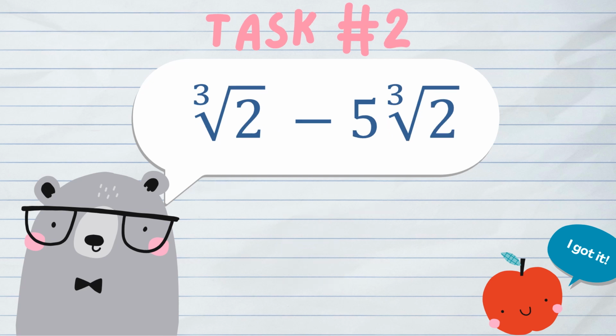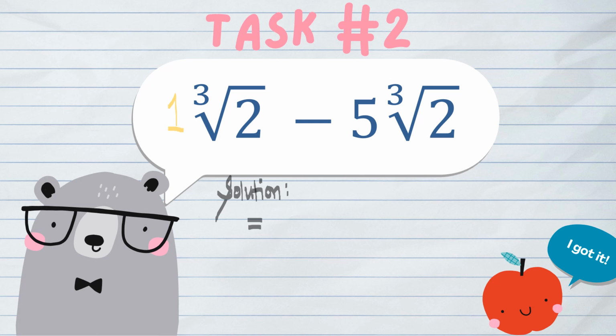Alright. Now, for our second example, we have cube root of square root of 2 minus 5 cube root of square root of 2. You need to check first if the given radicals are considered similar. As you can see, we have the same indices and radicand. Therefore, we can proceed directly with the given operation. We have subtraction here, so let's start with the coefficients of each radical. Here there's none, but basically this is actually 1.